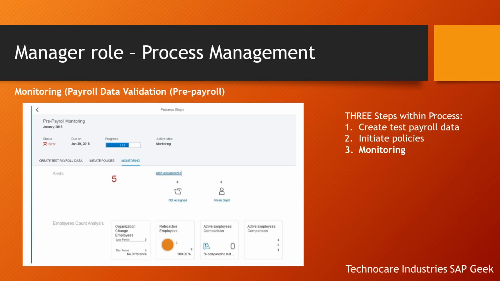Okay, and then we come to monitoring phase. So once we come to monitoring stage, all the alerts and KPIs which were generated will be displayed on screen. Okay, here we can see that, let's say, 5 alerts are generated, and the 5 alerts are being assigned to this administrator. Apart from that, these KPIs are also generated, right?